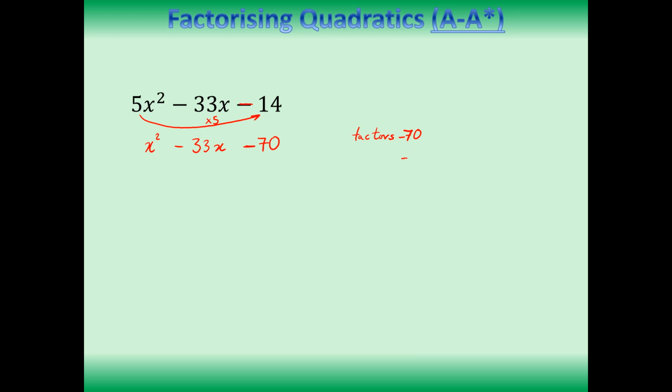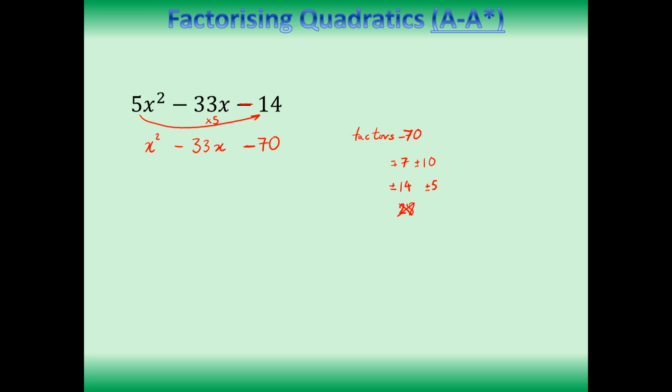Now 70 is made up of 7 times 10 with a minus sign, and we can say it's made up of 5 and 14, which don't add up to 33. What about 28? No, 28 is another factor of 70.